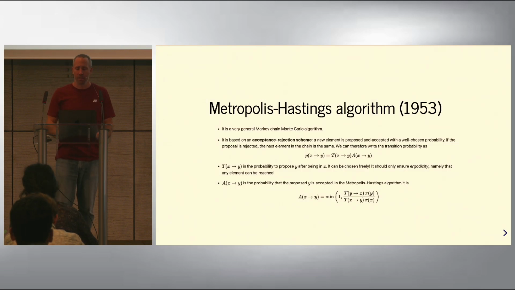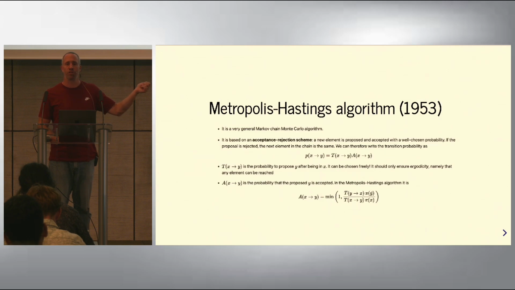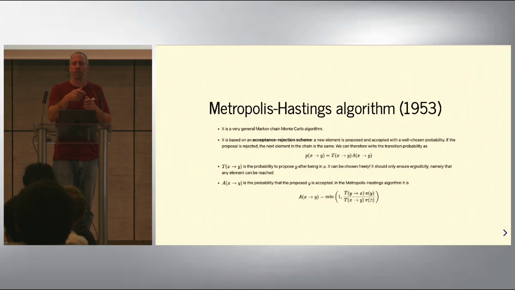But then, this move that you propose, you have to accept it according to a well-defined acceptance probability, which is given by the Metropolis-Hastings algorithm, and which tells you, okay, accept this proposal with this probability, which involves a ratio of the probability distribution at the new position Y, divided by the current probability distribution. So you sort of see that the larger the probability of the new configuration, the more likely you are going to accept it.